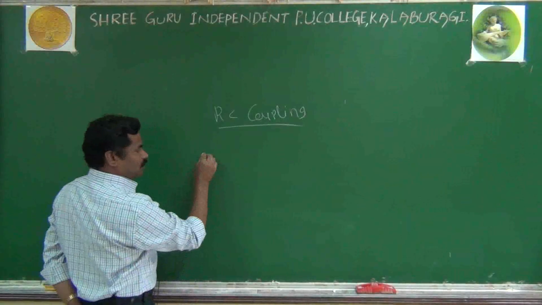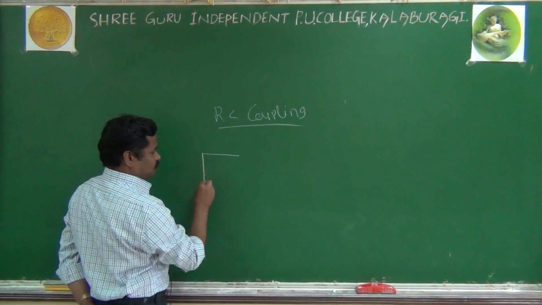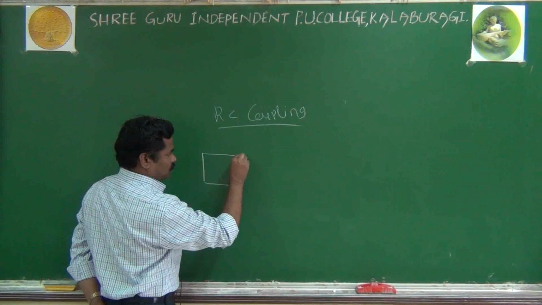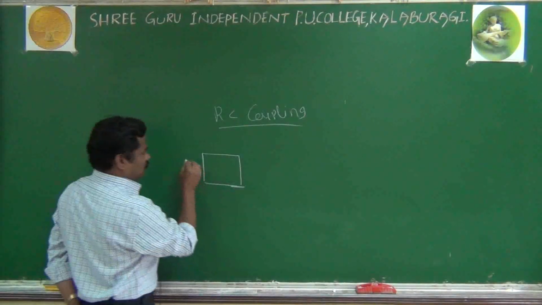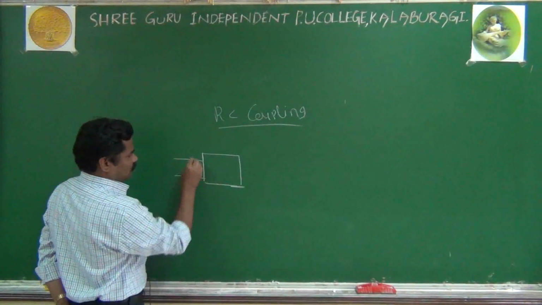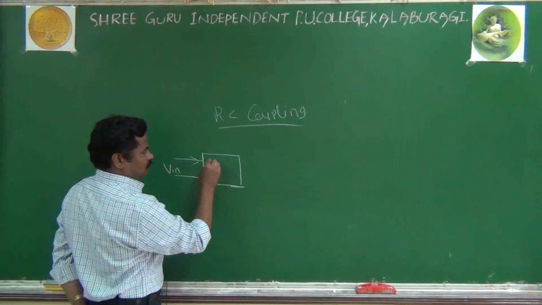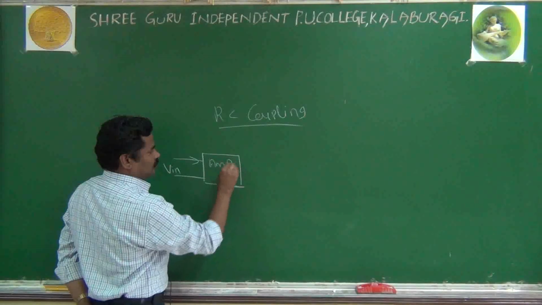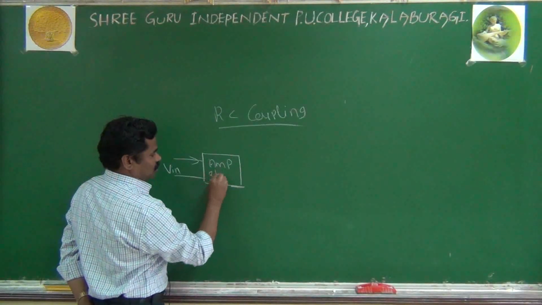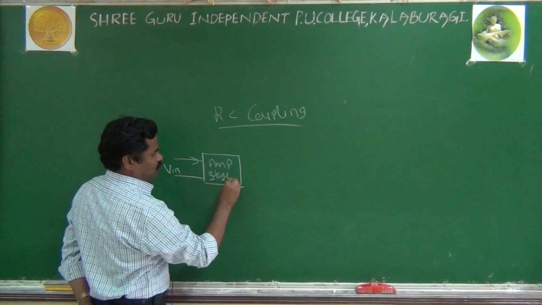Look here, you are using three stages of amplification, and here you have the input signal, that is nothing but your Vin. It is your amplifier stage 1.